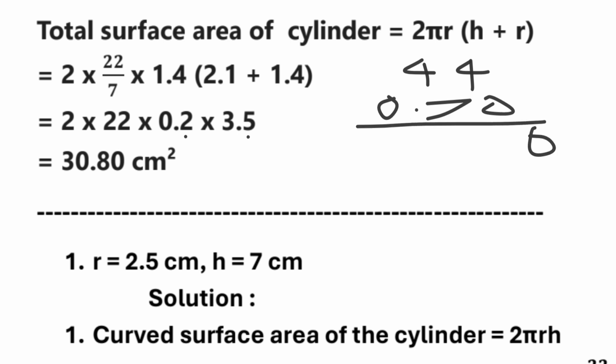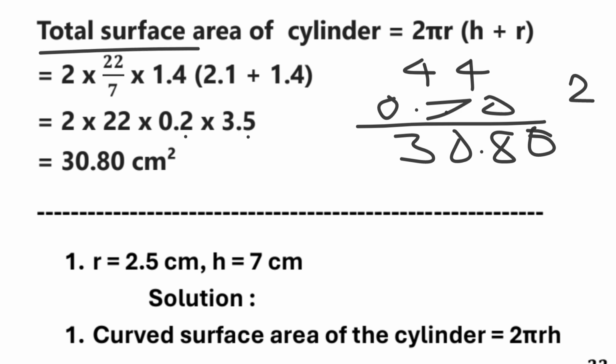This original 0, then 7 fours are 28, carry 2. 7 fours are 28 and 2 is 30. Okay. Now here 1 and 2, two decimal places. Therefore, we get the final answer, total surface area of the cylinder is equal to 30.80 centimeter square. Did you get this?